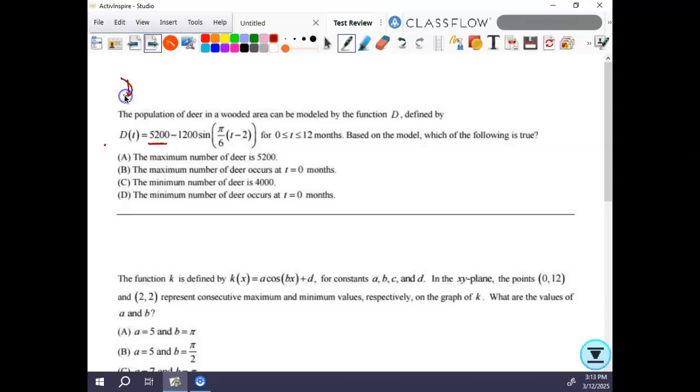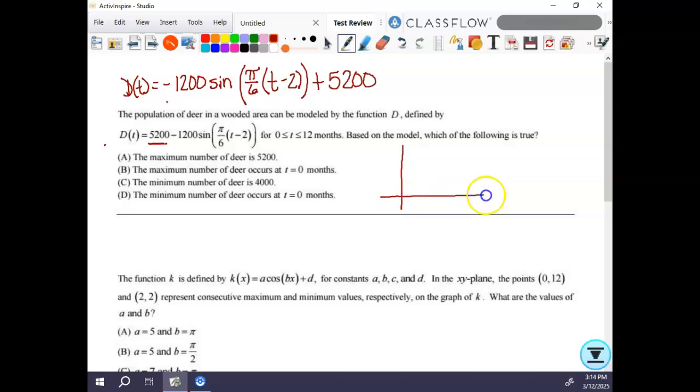I could rewrite this as d of t equals negative 1200 times the sine of pi 6 times t minus 2, and then plus 5200. Okay, they just put it in front when that's negative, but it means the exact same thing. Okay, so this says the maximum number of deer is 5,200.